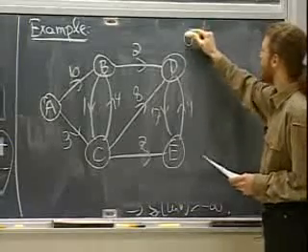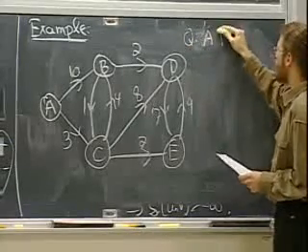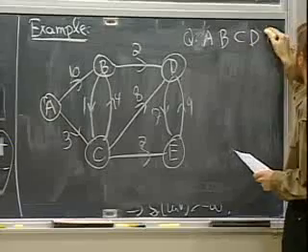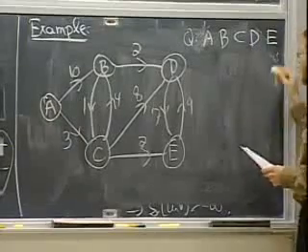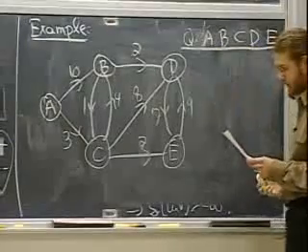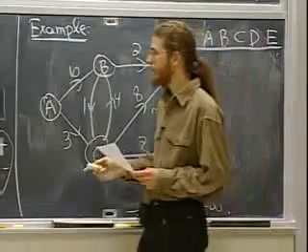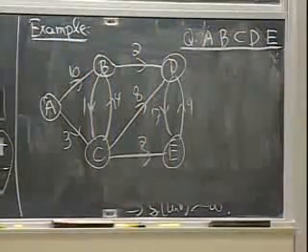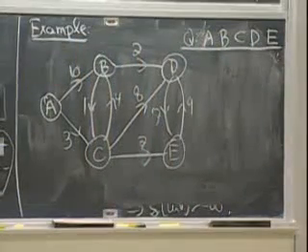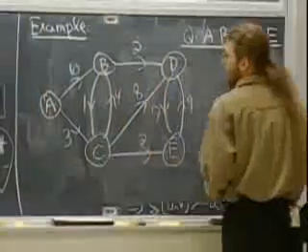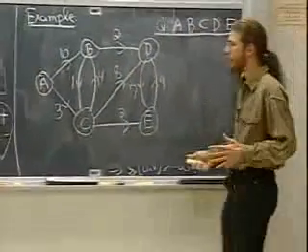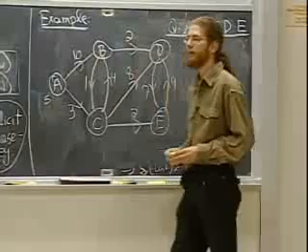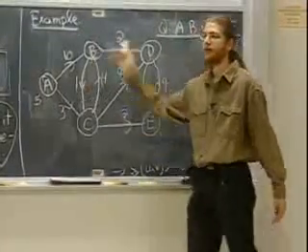And I want my priority queue over here, and I'm also going to draw my estimates. Now I don't want to cheat. So we're going to run the algorithm on this graph. S will be A, and I want to know the shortest path from A to everyone else.